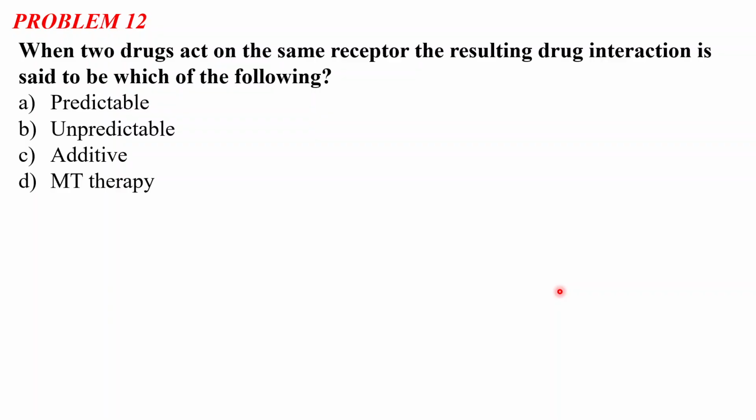I will wait for a minute or two and then I will check the chat box. Okay, let me know, when two drugs act on the same receptor, the resulting drug interaction is said to be which of the following? Predictable, unpredictable, additive, or empty therapy?